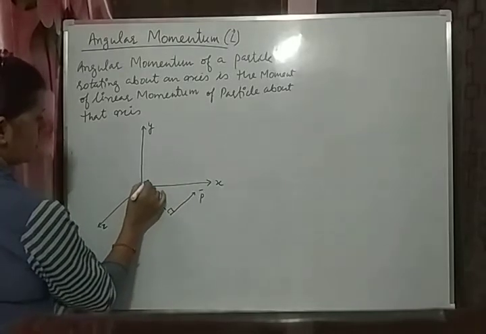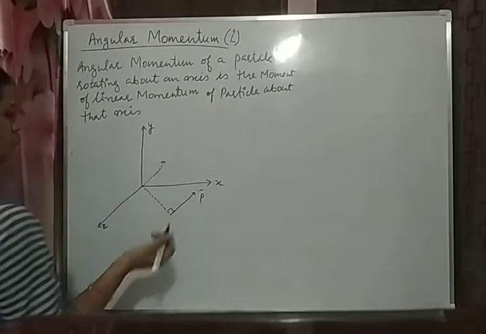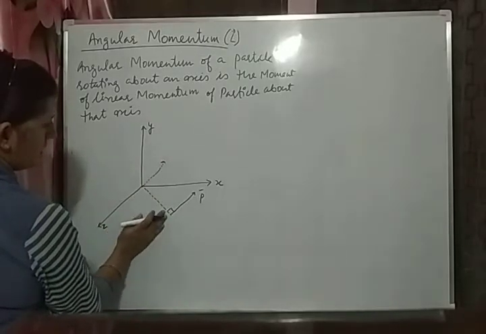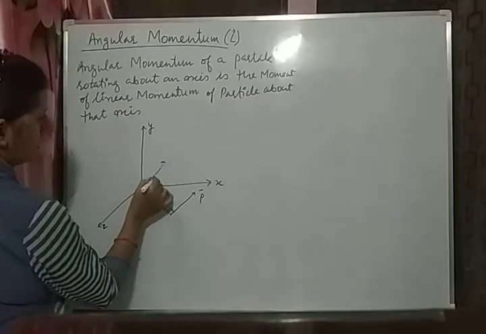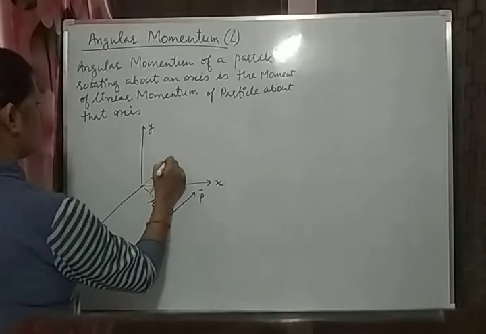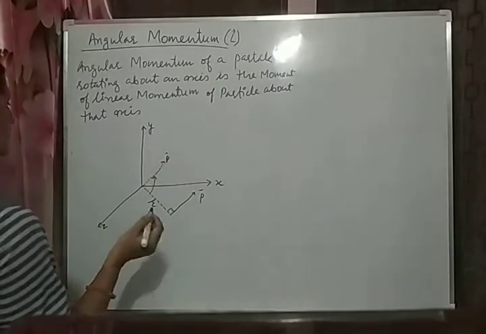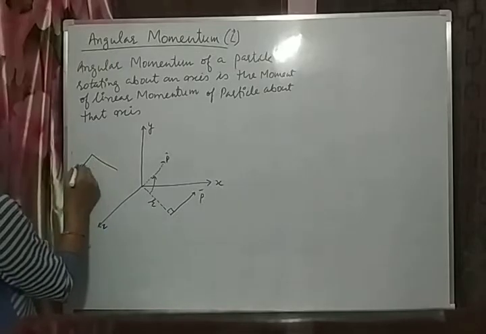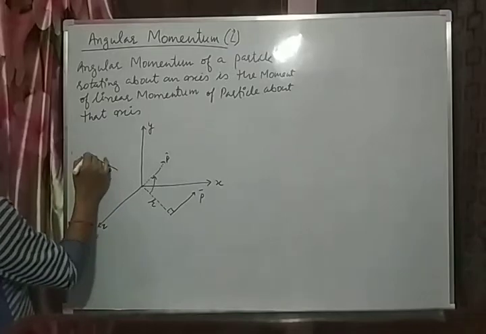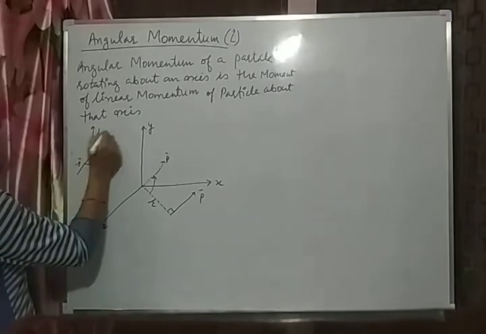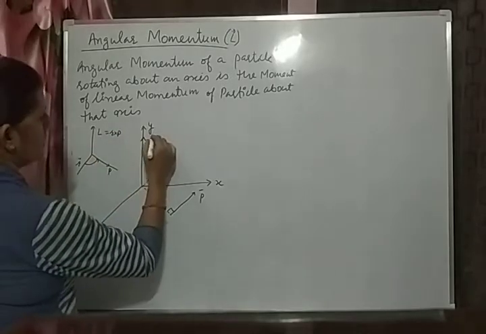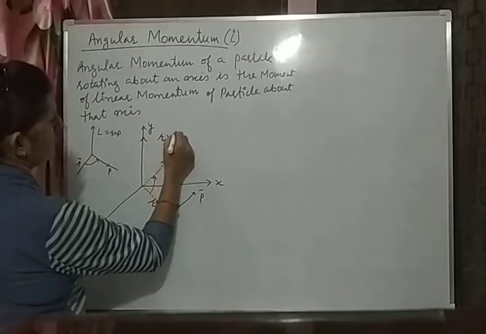For this, draw the perpendicular line here, and now you can see this is the perpendicular distance r, and the rotation is given in the anti-clockwise direction, and this is p. This vector will give you the angular momentum, that is r cross p.